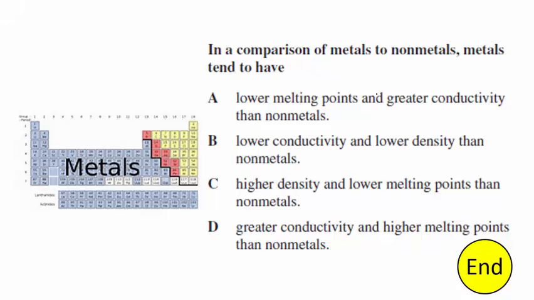In comparison of metals and nonmetals, metals tend to have. So we got a bunch of statements here that describe the differences between metals and nonmetals. Before we read those, let's just take a look at the metals versus nonmetals. Metals are conductors, they're shiny, they're dense. Nonmetals, non-conductors.